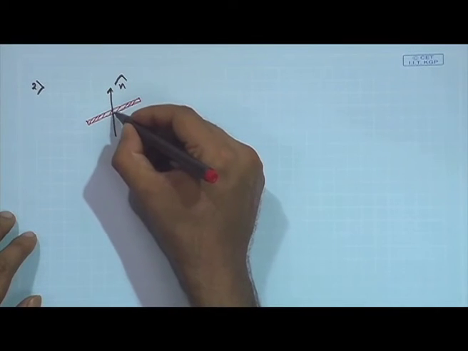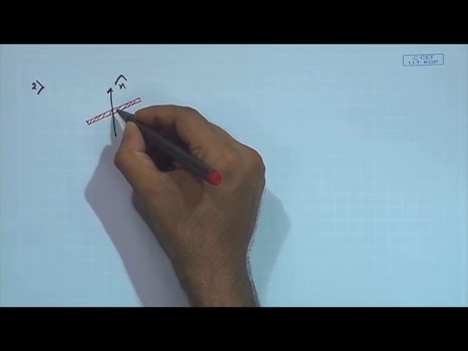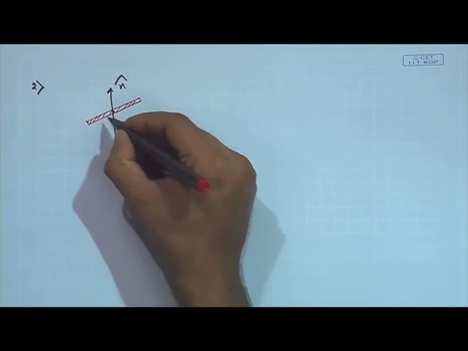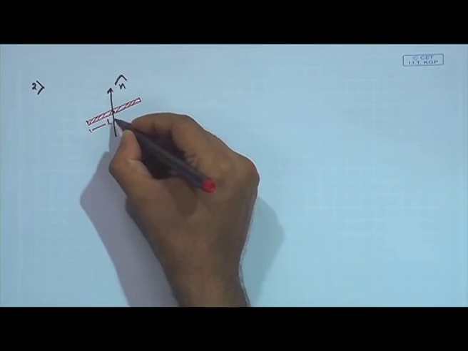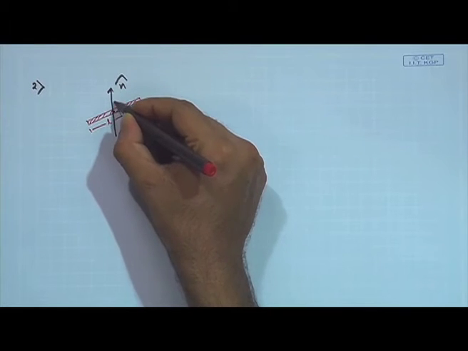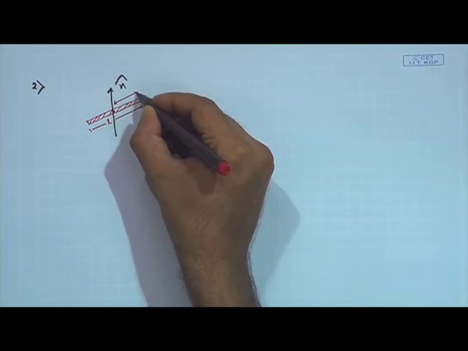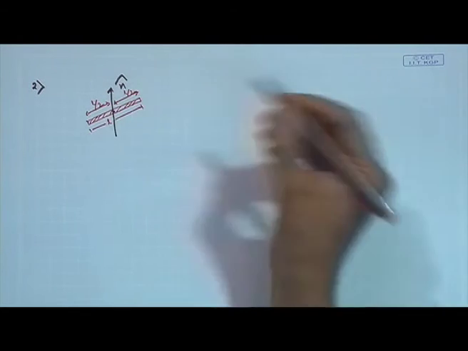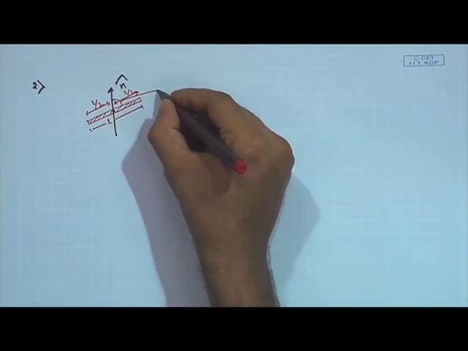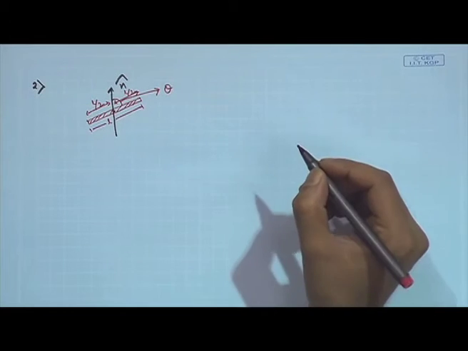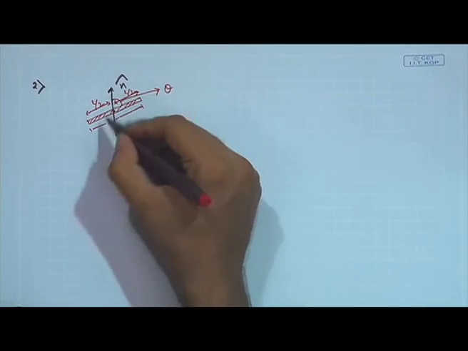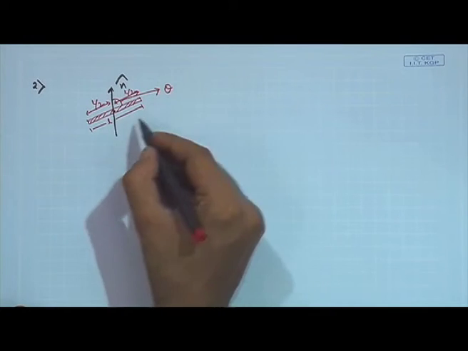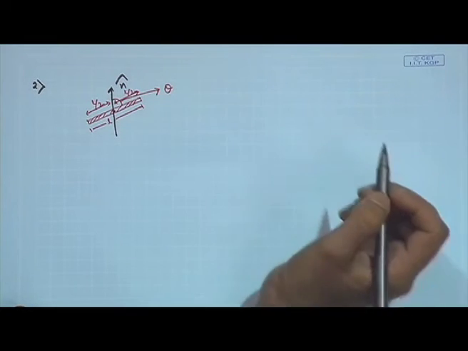If it is a uniform rod, the center of mass by symmetry will be the midpoint. So if L is the length of the rod, then on each side we have L by 2, and this angle is theta. We have to find the moment of inertia for this particular tilt angle theta.